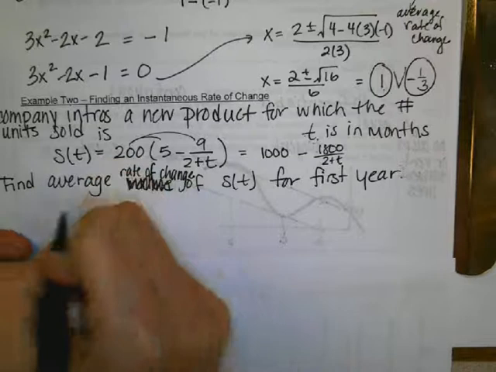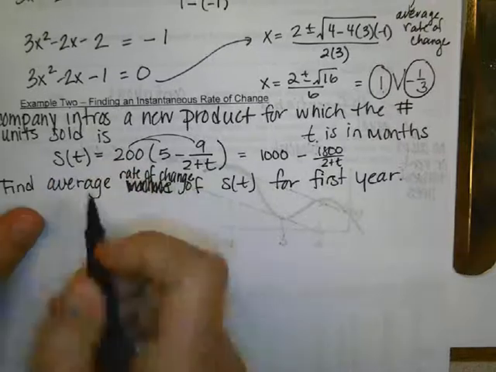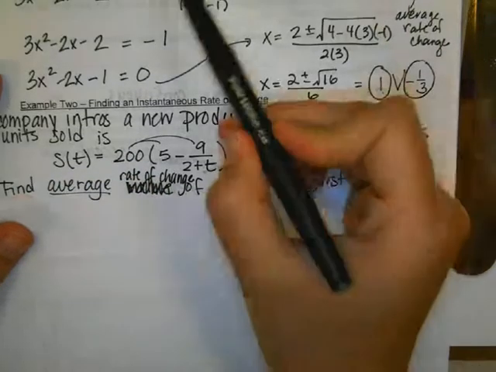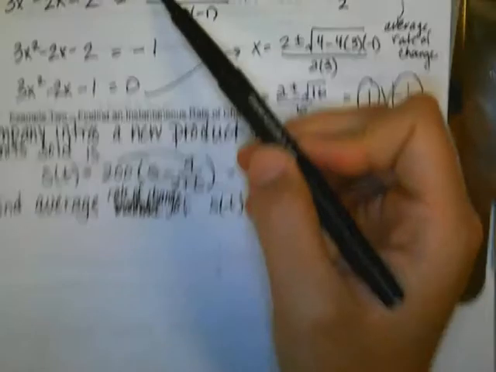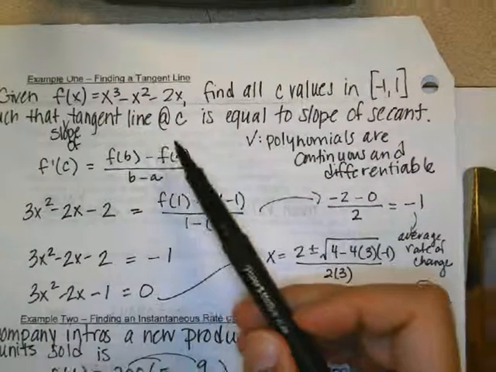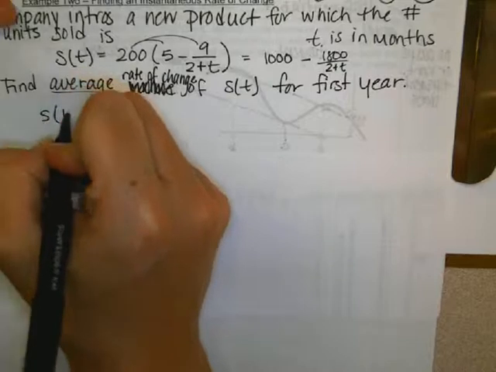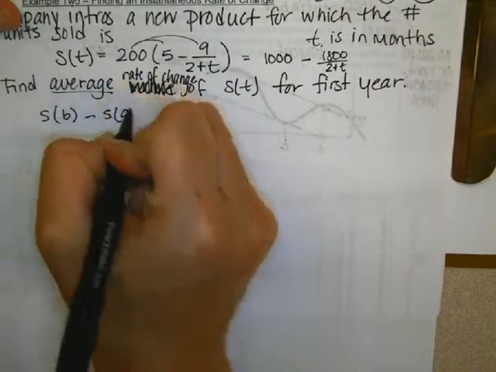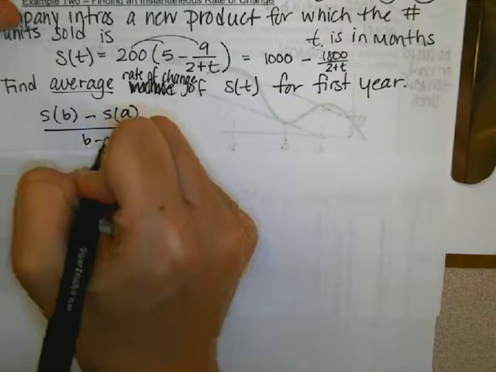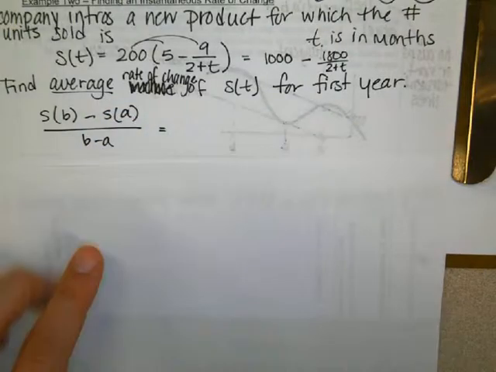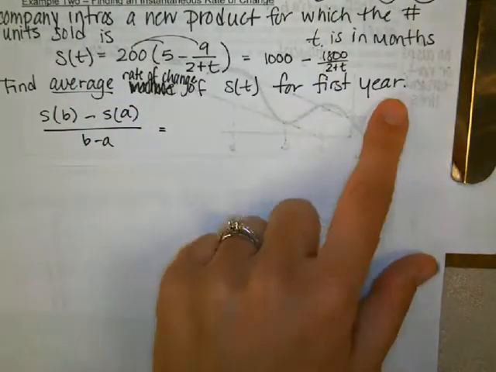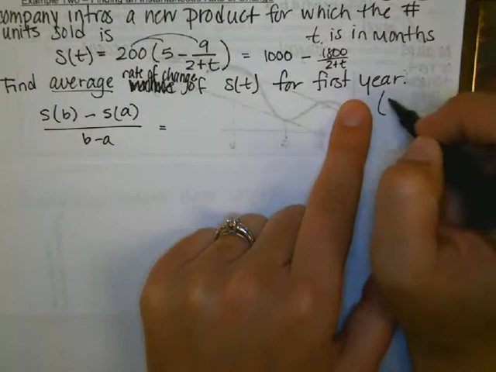So, not derivative. Average rate of change is this expression that we had up here, the f of b minus f of a over b minus a. So, s of b minus s of a all over b minus a. Plugging in, for first year, that's going to be from 0 to 12.